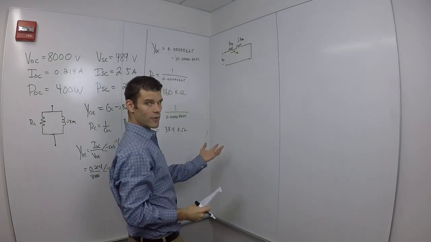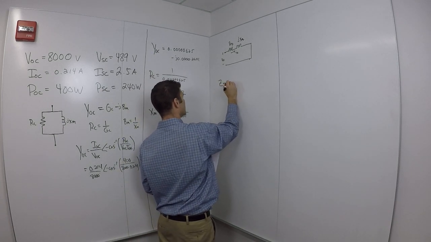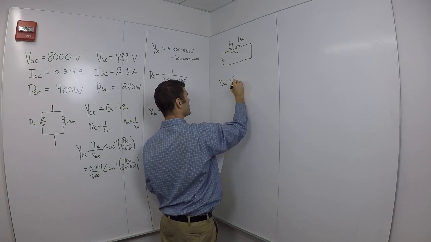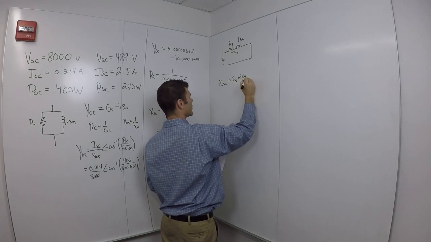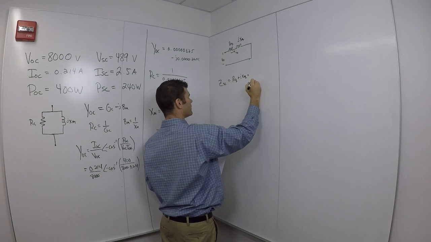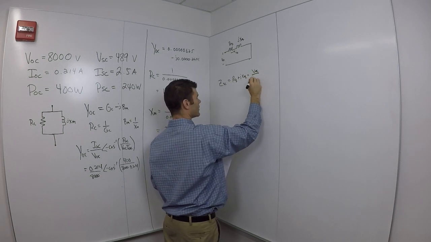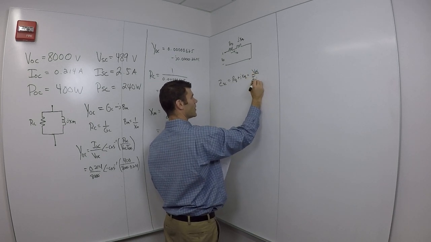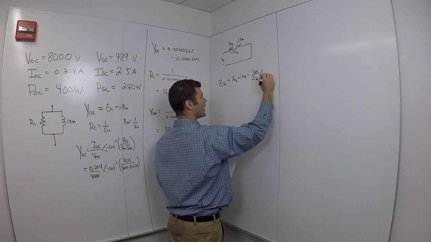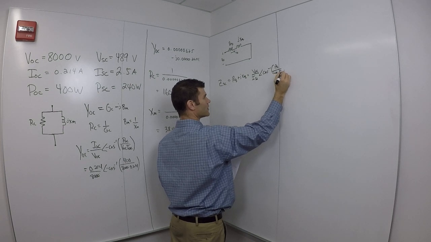Okay, so doing the same thing, we're going to use these values, and we're going to say that ZSC is going to be equal to REQ plus J XEQ, okay? And this is going to be equal to VSC divided by ISC, angle of cosine inverse of PSC divided by VSC ISC.